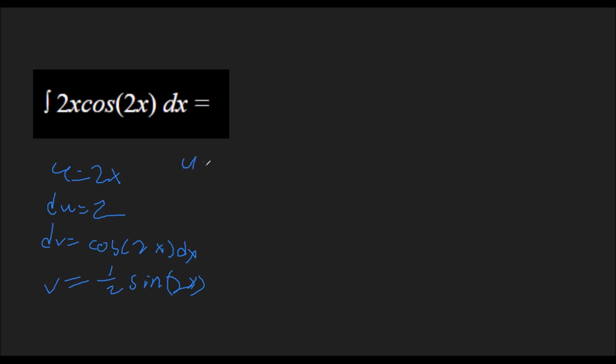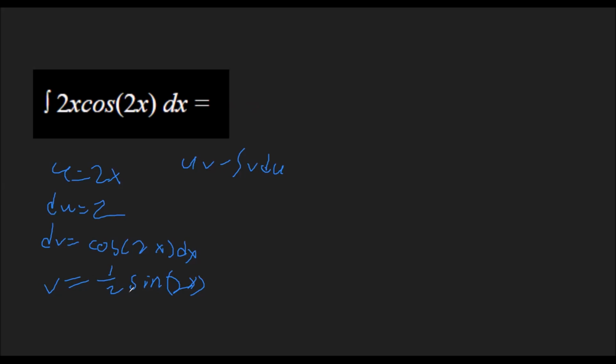well, let's write out this formula, uv minus the integral of v du, and we can fill in the variables. So 2x is u, so this is equal to 2x times v. All right, I forgot about the 1/2, so let's just simplify this ahead of time.